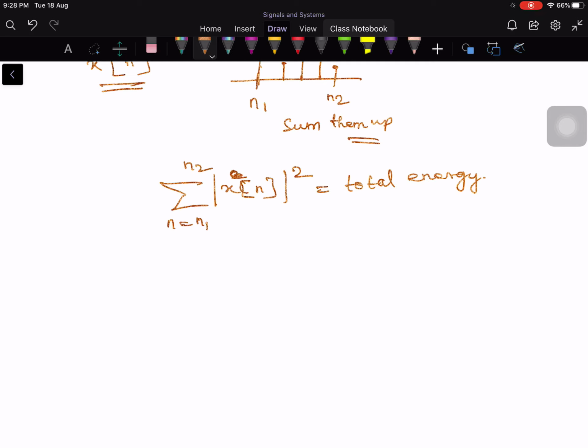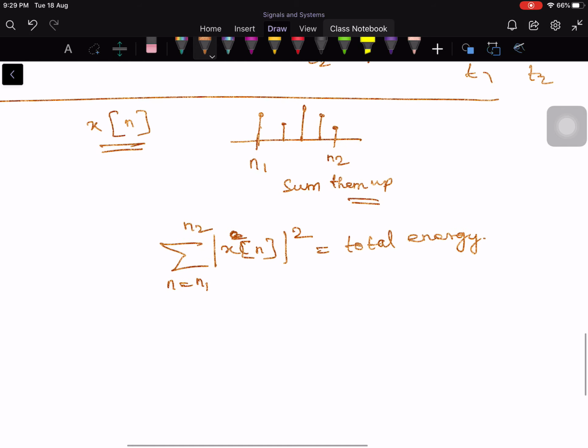Now if you divide by the number of points in the interval, then that yields the average power over the interval. So you can count how many points there are. The number of points is equal to n2 minus n1 plus 1. I will tell you why this 1 is coming.